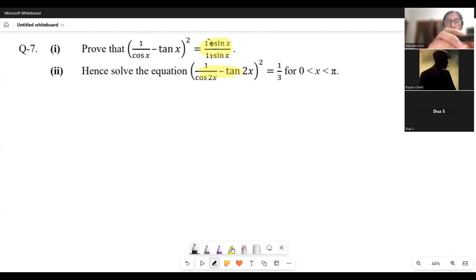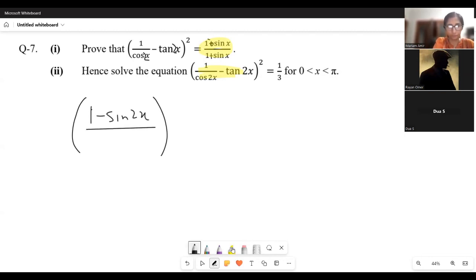However, notice that they've changed this to 2x and 2x, so you're also going to replace x with 2x. Inside the bracket, we have 1, the square will not be written here, and instead of the x, we'll write 1 minus sine 2x over 1 plus sine 2x equals 1 by 3.